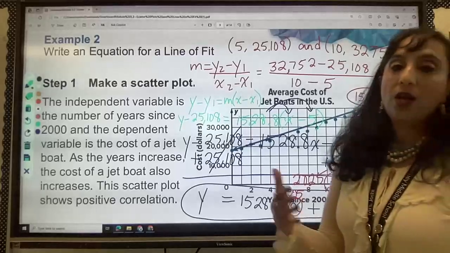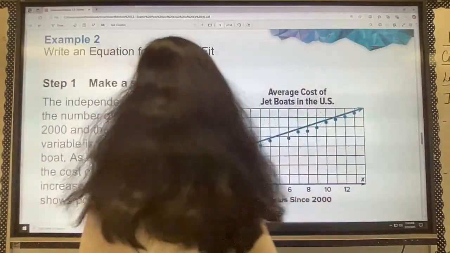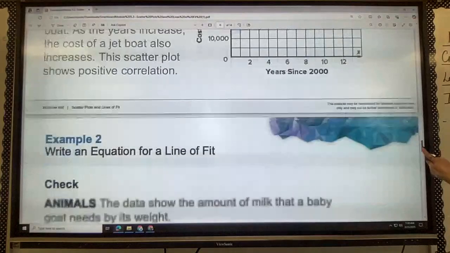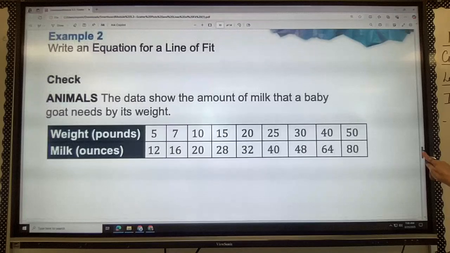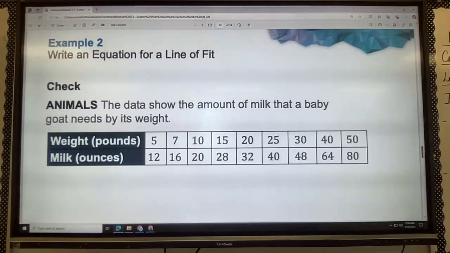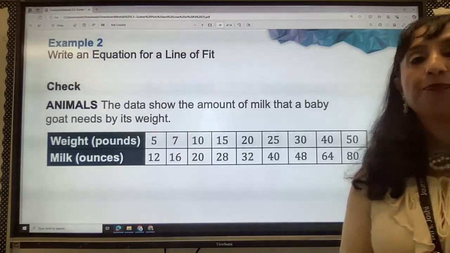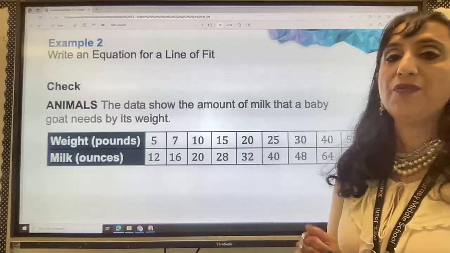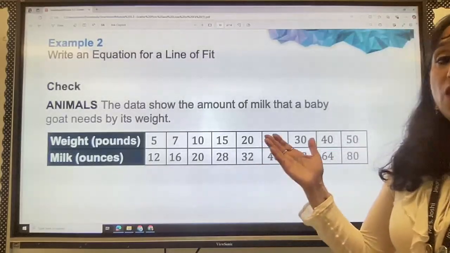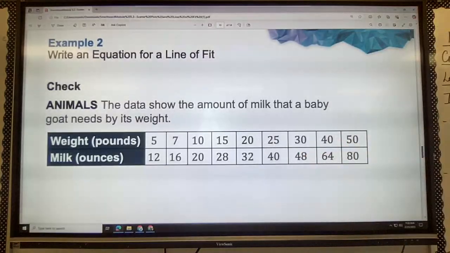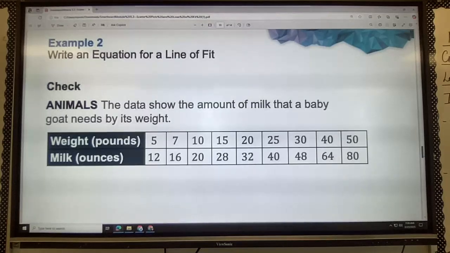Okay, so let's do another one really quick. And here's one. We are talking about animals. The data shows the amount of milk that a baby goat needs by its weight. So we've got the weight in pounds and we've got the milk in ounces.